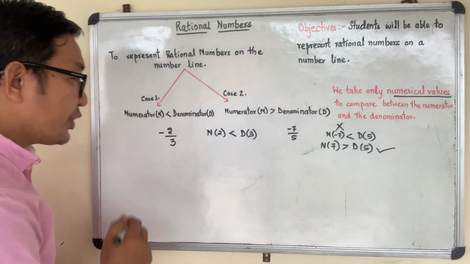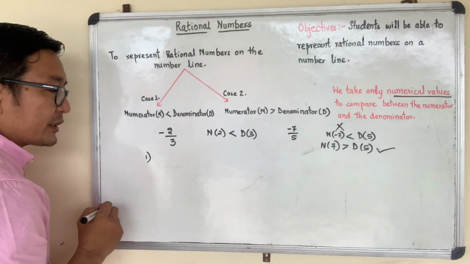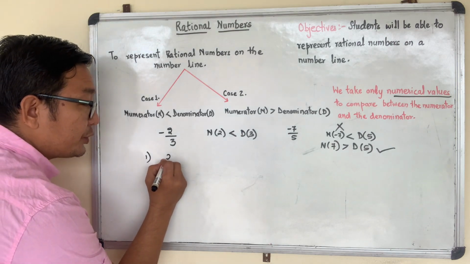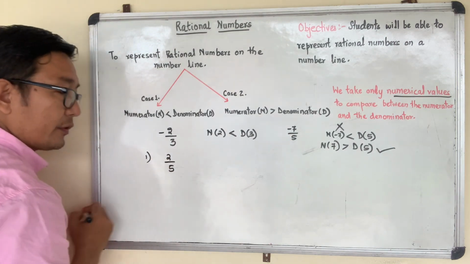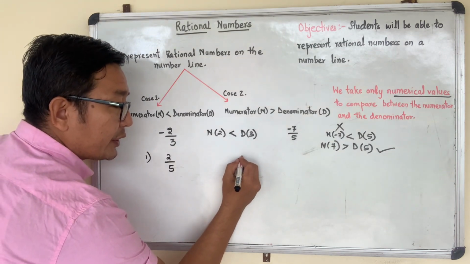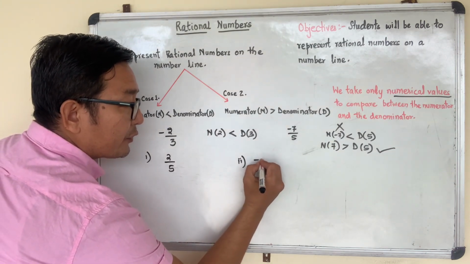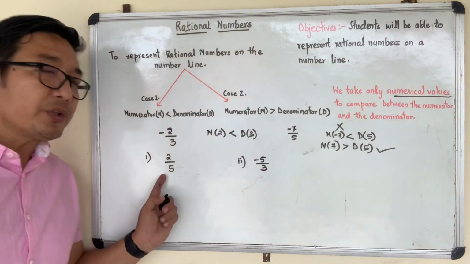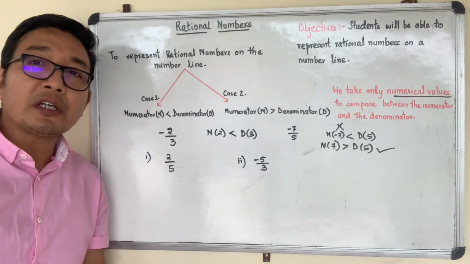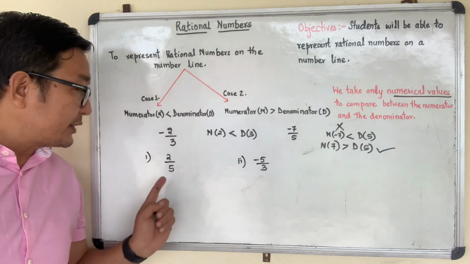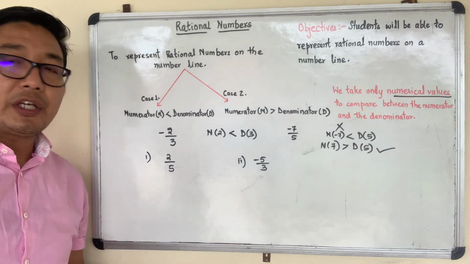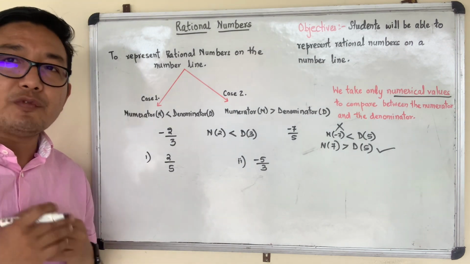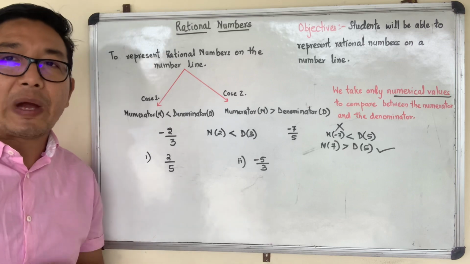So this rational number comes under which category? 2 by 5, and negative 5 by 3. In the first case, the numerator should be less than the denominator, and we should consider only the numerical value.